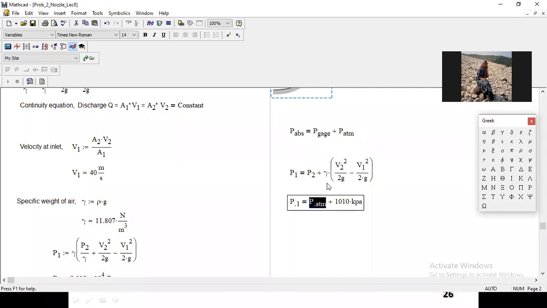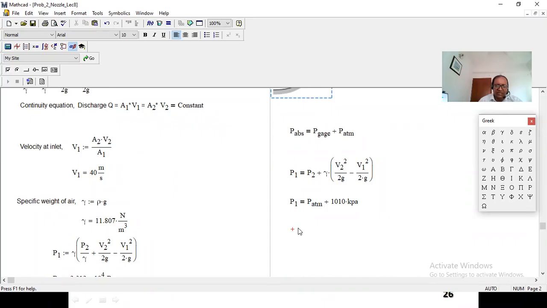If you ignore the atmospheric pressure, then your result P1 is equal to 110 kilopascal, but I have to say this is gas pressure. You cannot say this is the absolute pressure, okay? But if you add atmospheric pressure with this result, then you have to mention in the bracket, this is absolute pressure, okay?